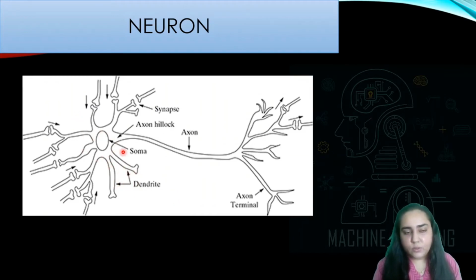This middle one, which is a circle, is the soma. Okay, and what you see here is the axon. So this part is the axon, and this is the axon terminal. From here you can see there is another neuron coming in, the dendrite of another neuron. So that's where the information is going to go.